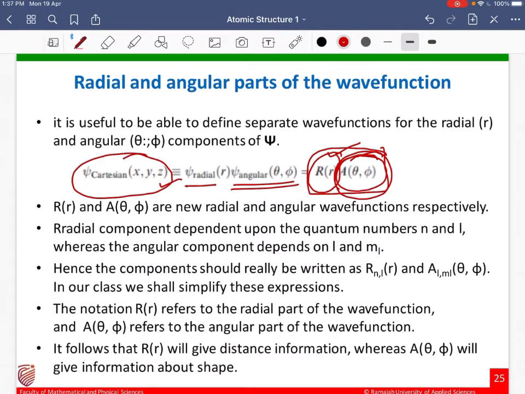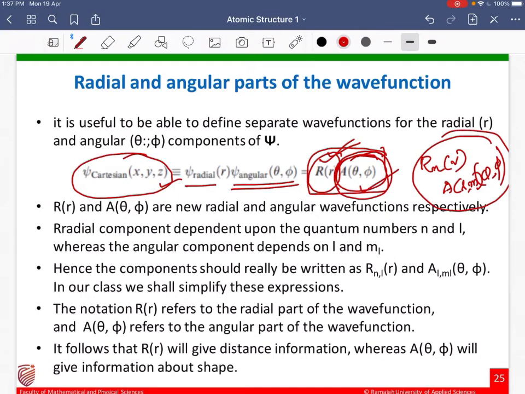Hence, the components should really be written as R of n, l of r and A of l, ml of theta and phi. In our class, we shall simplify these expressions. So instead of writing R n l of r, we will use R of r. Instead of using A l ml of theta, phi, we will use A of theta, phi for our convenience.